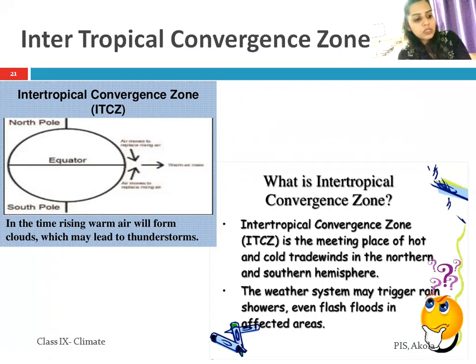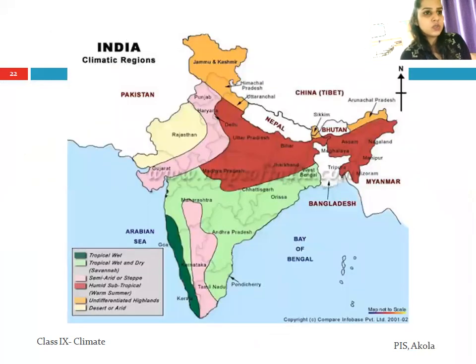This is where the northeast and the southeast trade winds converge. And this convergence zone lies more or less parallel to the equator but moves north or south with the apparent movement of the sun. The meeting place of hot and cold trade winds in the northern and the southern hemisphere is known as ITCZ. Hope this is understood, children.